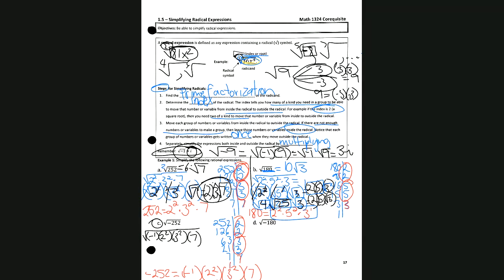So we already know that we could break this down into the square root of negative 1 times the square root of 2 squared times the square root of 3 squared times the square root of 7. Remember, all of the roots are multiplying because inside the radical, the factors are also multiplying.